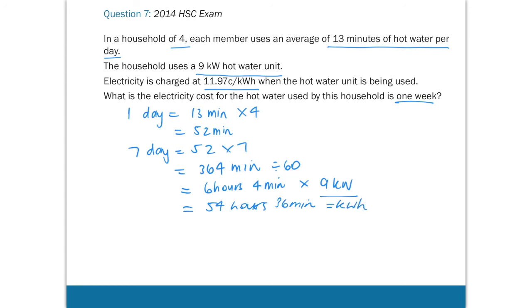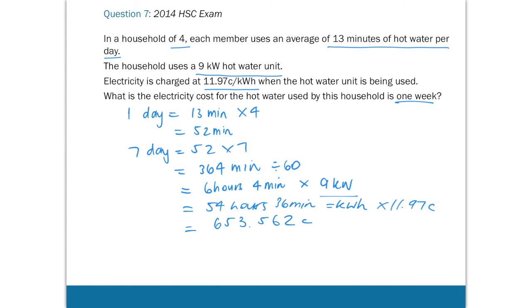And it's charged at 11.97 cents per kilowatt hour. So all we do now is just times that number by 11.97 cents. So in our calculators, that works out to be 653.562 cents, right?